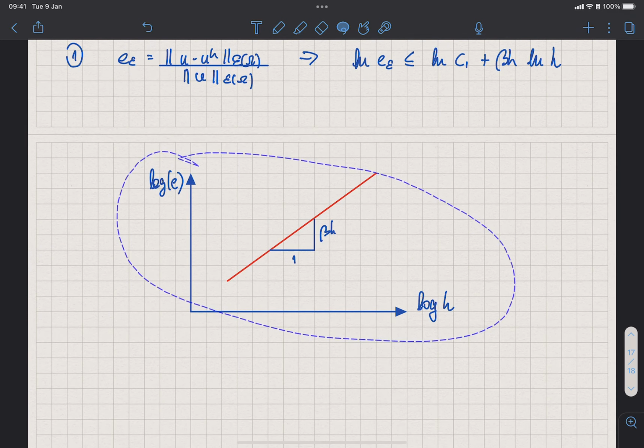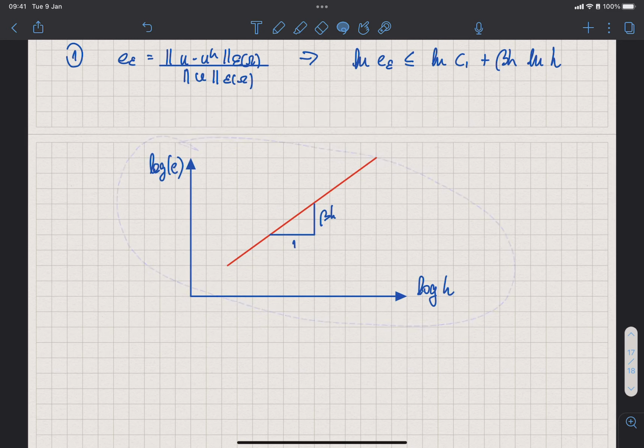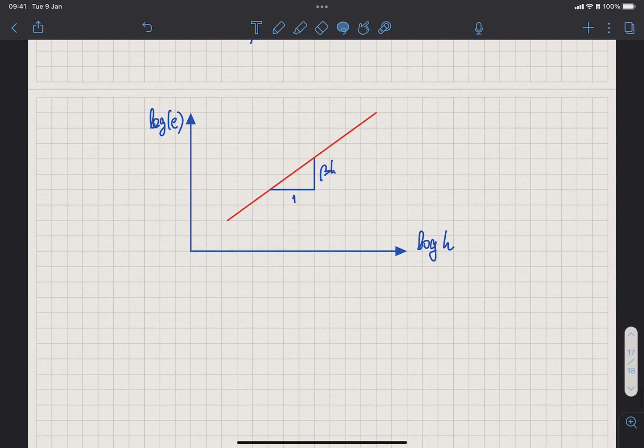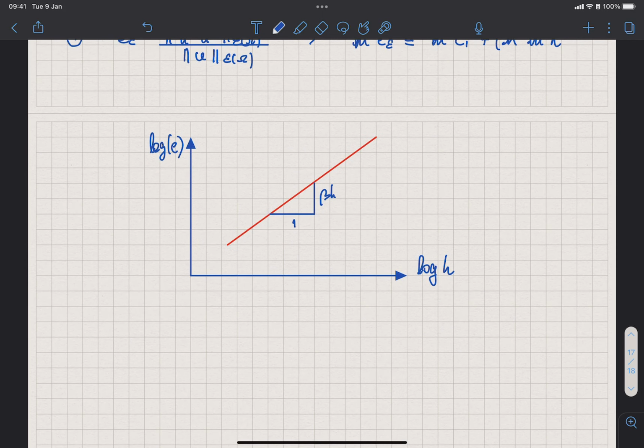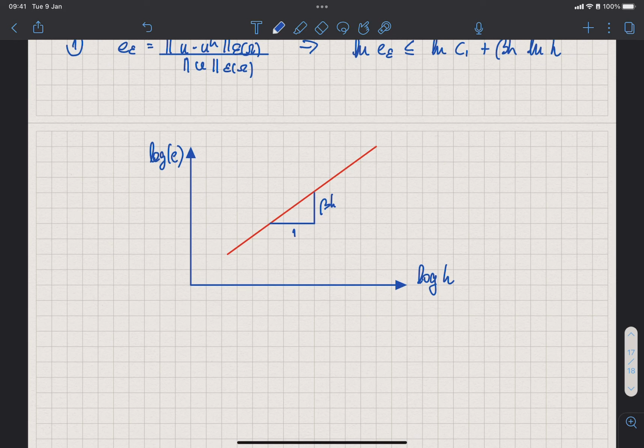Let me bring that up. Actually, you could also say, what if I want to express the error, instead of in terms of the log of h, as a function of the number of degrees of freedom?